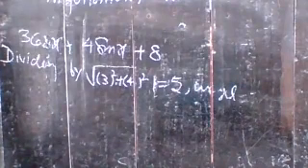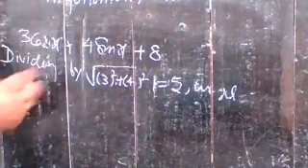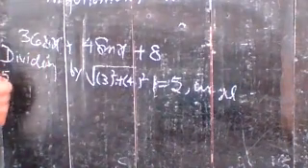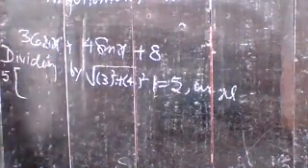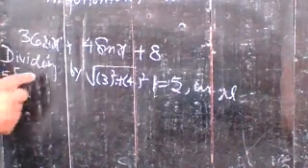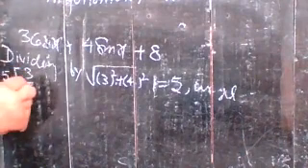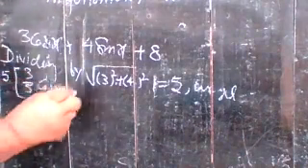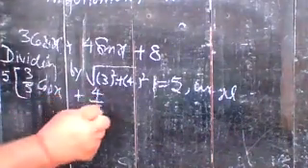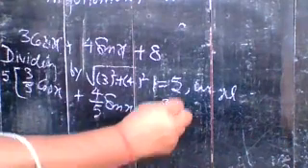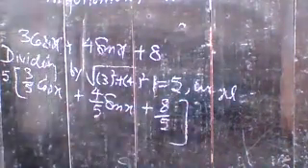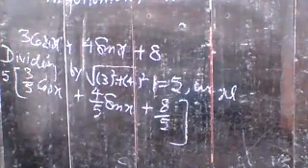So you multiply the complete expression by 5 and divide each of the terms by 5. So 3 by 5 cos x plus 4 by 5 sin x plus 8 by 5. In this way, you can write it.